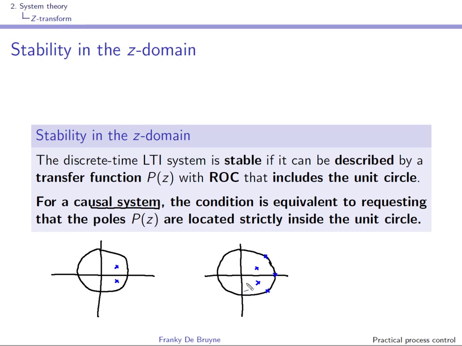It's at the limit of stability. If you have poles outside the unit circle or multiple poles on the unit circle, then the system is unstable.